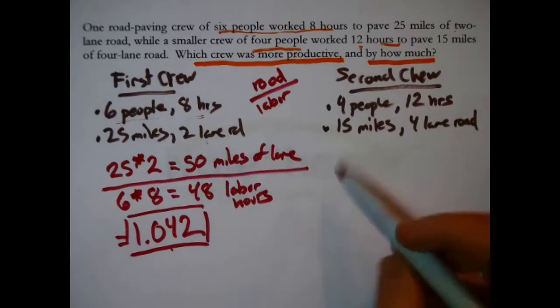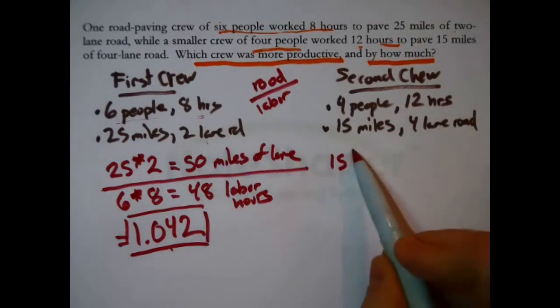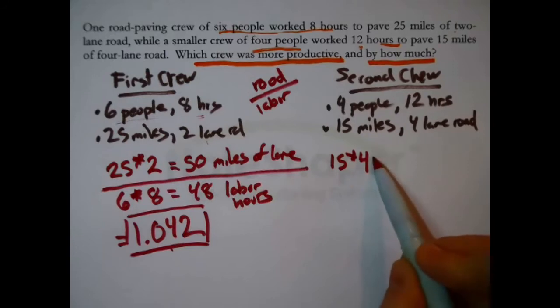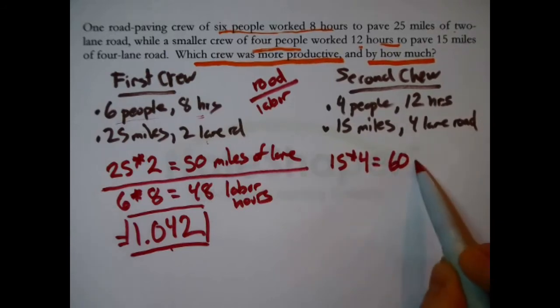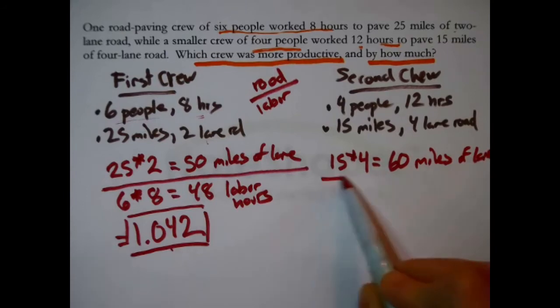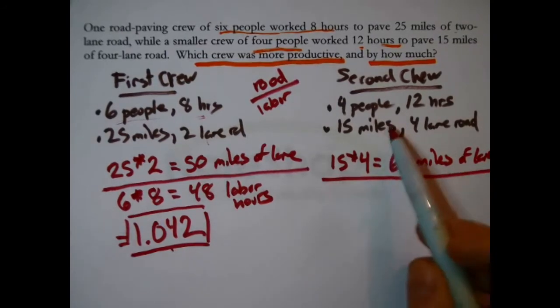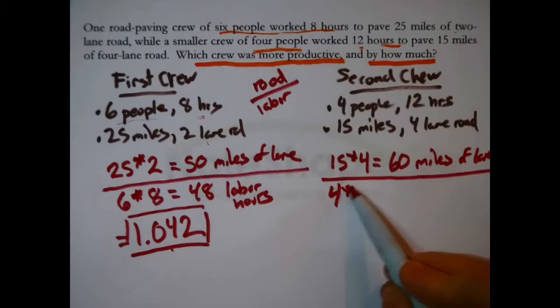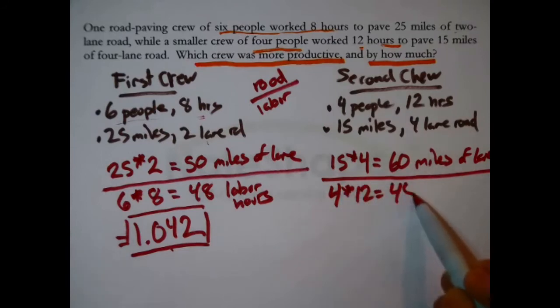Second crew, only 15 miles, but paving 4 lanes reveals that that's 60 miles of lane, divided by the input, 4 people working 12 hours, which is 48 labor hours.